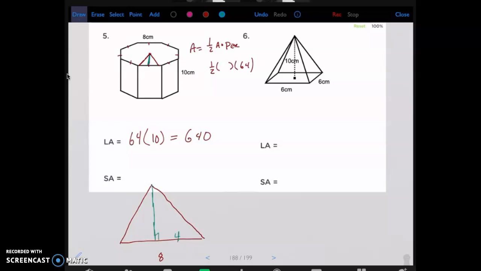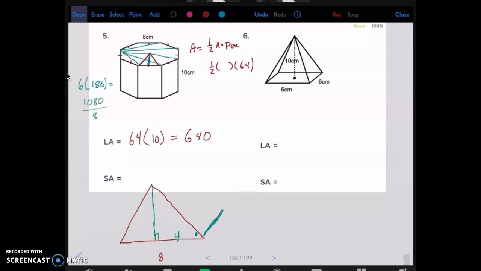Now I need to find out how big this angle is. And the way I would do it is I would say, well this is tricky. Think back to our last chapter. Because there's 8 sides, I should be able to draw 6 triangles times 180, which is 1080, and then I divide by 8.